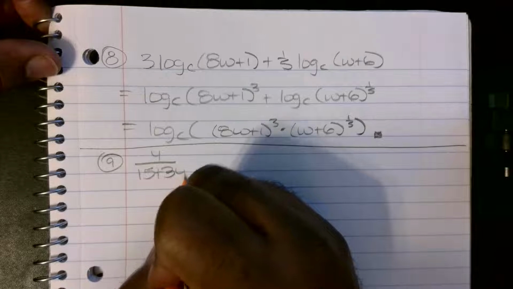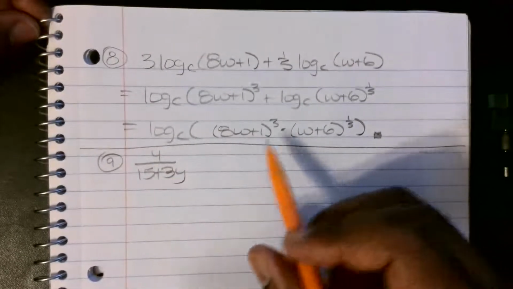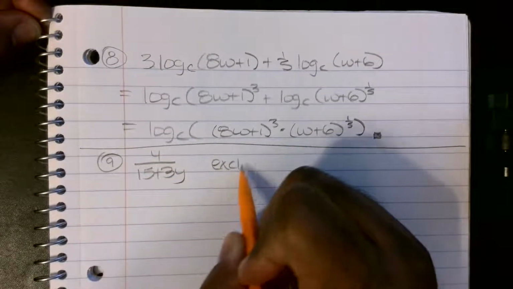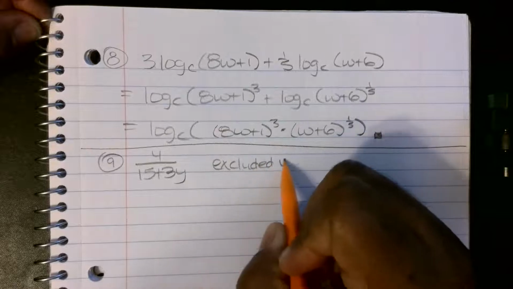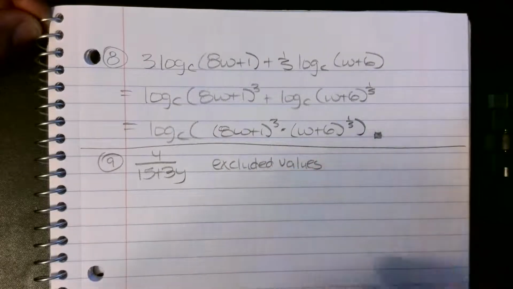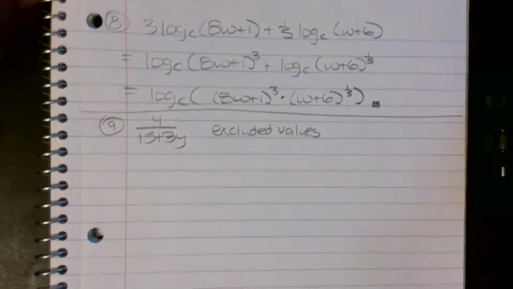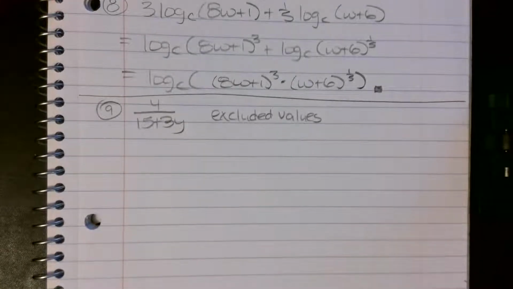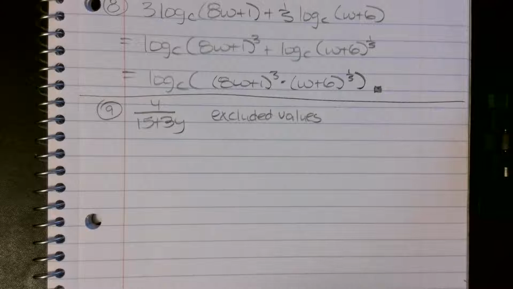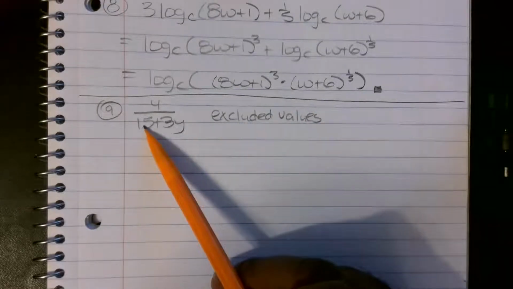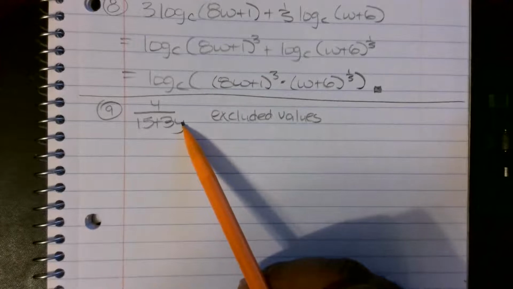I have 4 over 15 plus 3y. We have been asked to find the excluded values. As a review, excluded values are values that make the expression undefined. Values that make the expression undefined are the values that make the denominator equal 0.